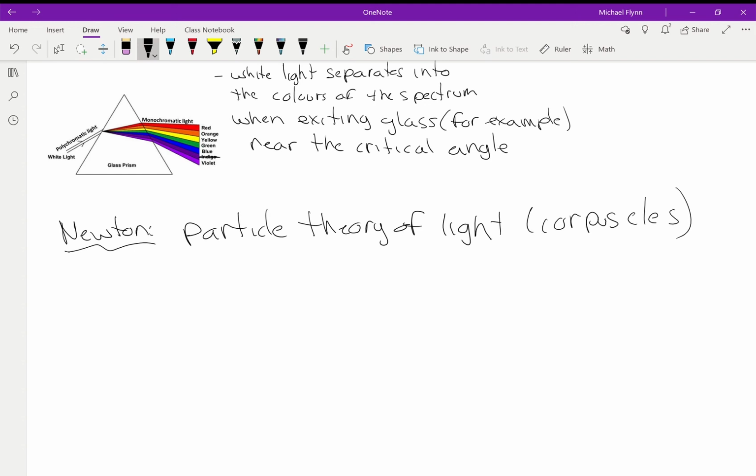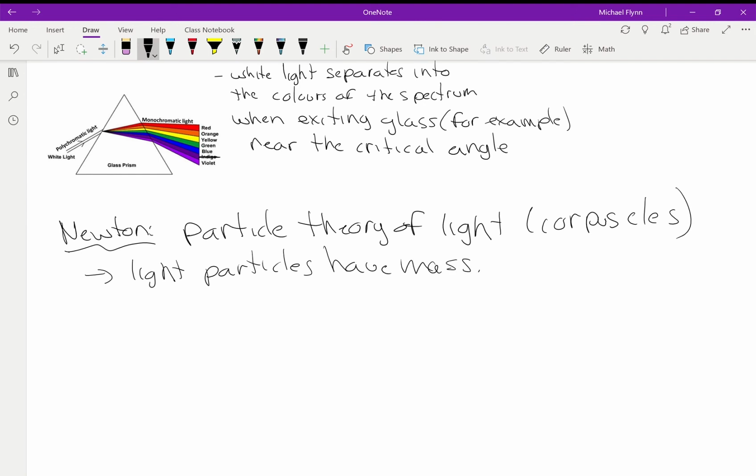So the thing is, for Newton, he has to show, if light is really a beam of particles, how come we don't see some of the other characteristics of particles that we would normally see? For example, did these particles have mass? According to Newton, light particles do have mass.